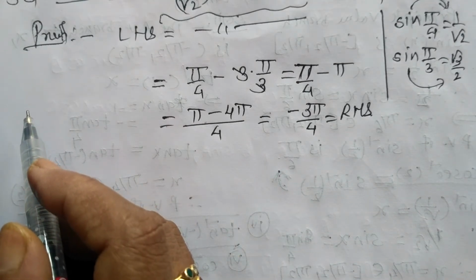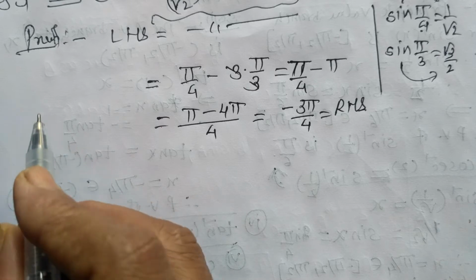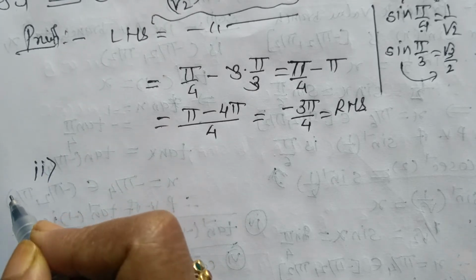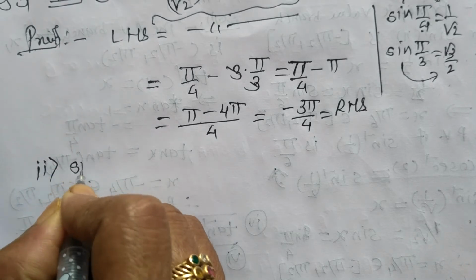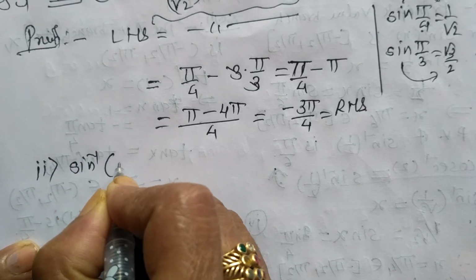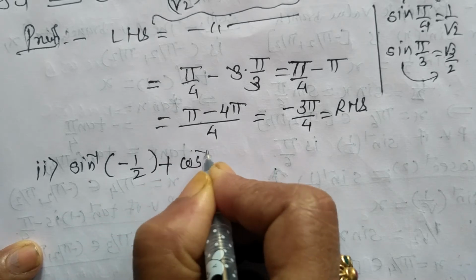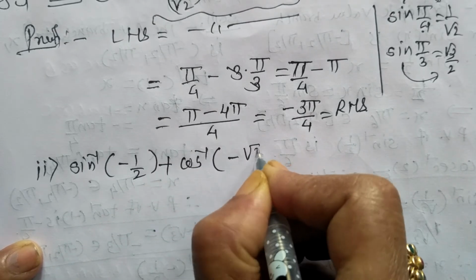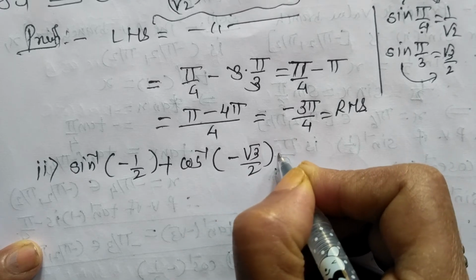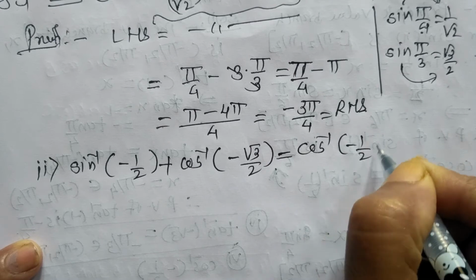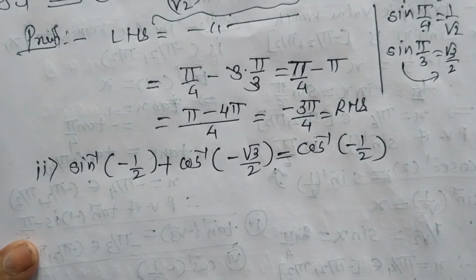Now here the second question is given. The second question is to prove that sine inverse minus 1 by 2 plus cos inverse minus root 3 by 2 is equal to cos inverse minus 1 by 2.